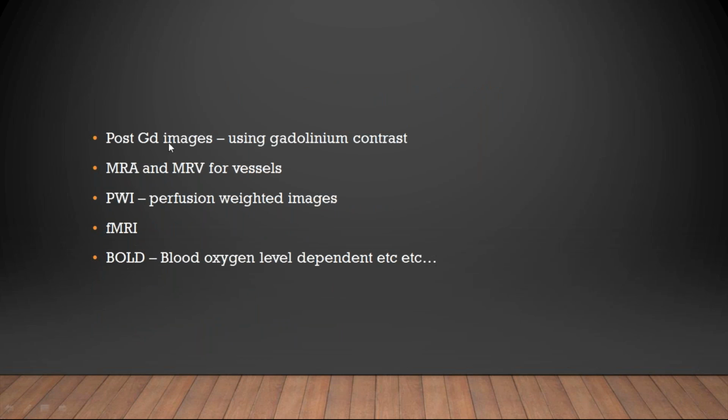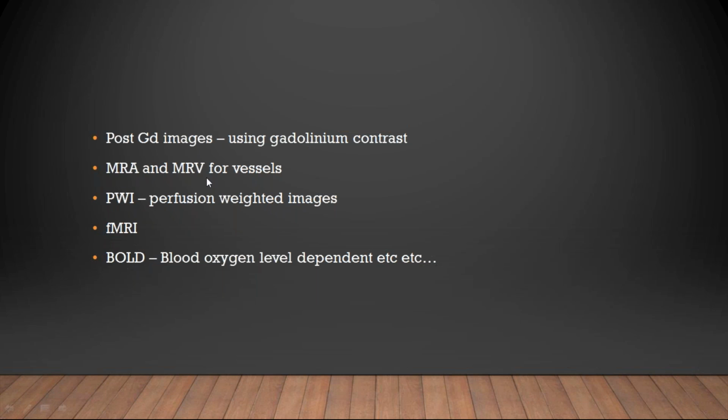And post gadolinium images: gadolinium is the contrast used in MRI. These are obtained after giving a contrast, which is not very necessary unless we need to differentiate between the tissues and pathology.